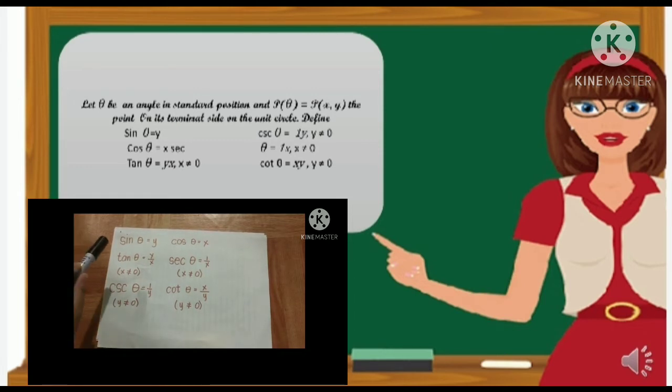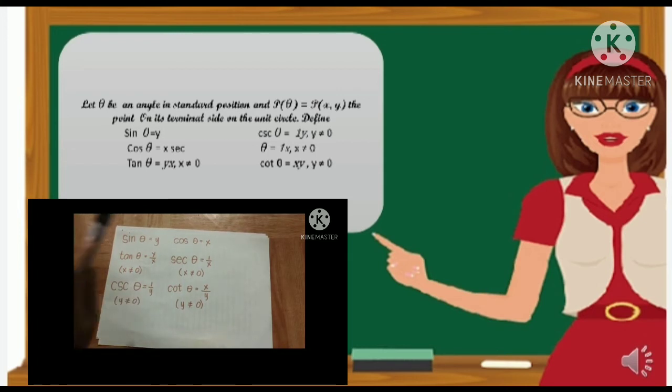First of all, we are going to define sine theta as y. That means the sine of a real number is equal to the y-coordinate of the terminal point. Remember that our terminal point is P(x, y).